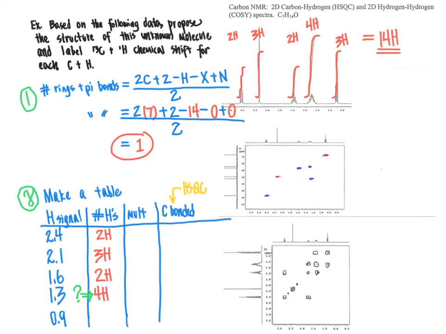Like, for example, maybe there's symmetry in the molecule, and so the 4 hydrogen signal is actually 2 different sets of CH2s that are symmetrical in the molecule. Another possibility is that this 1.3 ppm signal actually represents 2 different sets of protons that happen to be overlapping at that region of the spectrum because they are in very similar chemical environments, and so their chemical shifts run together, which could be the case because this is a pretty complex looking multiplet going on there at our 1.3 ppm.